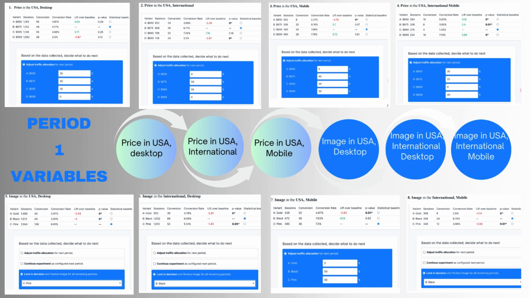Then we made our decision about the image in the US desktop, and also the image in the international desktop, and we locked our decision that the color should be black, and also locked the decision about the image in the international mobile side. So also the same, the color is black.